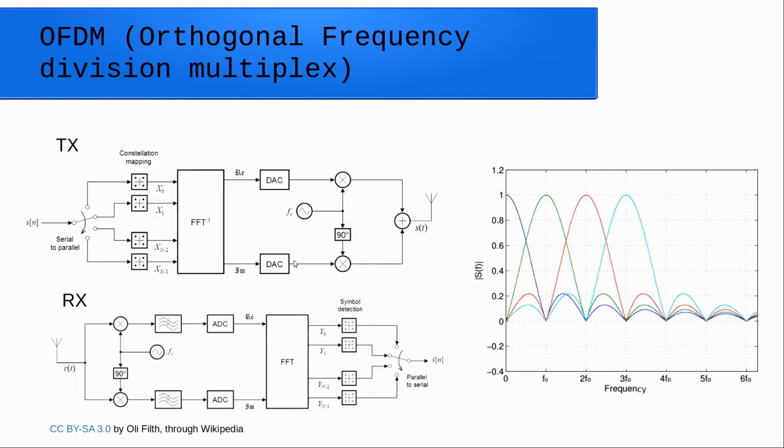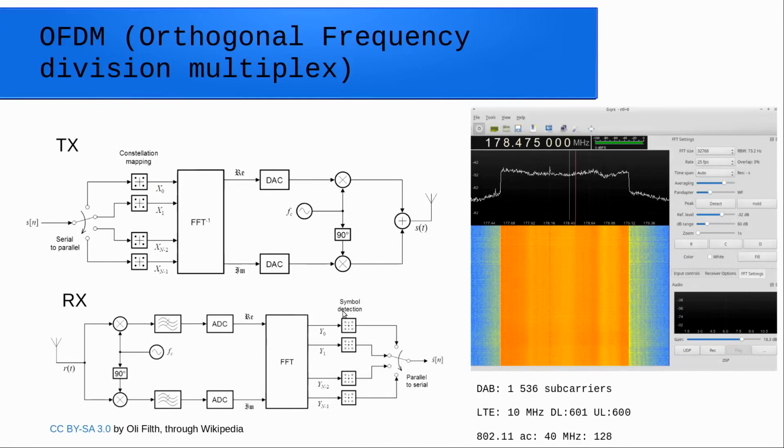Then it's again the regular IQ mixer, and in the case of the reception, we use the FFT to get the symbols, the QAM symbols, for example, out of our different carriers.